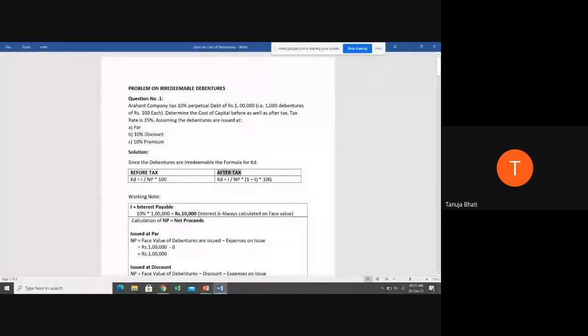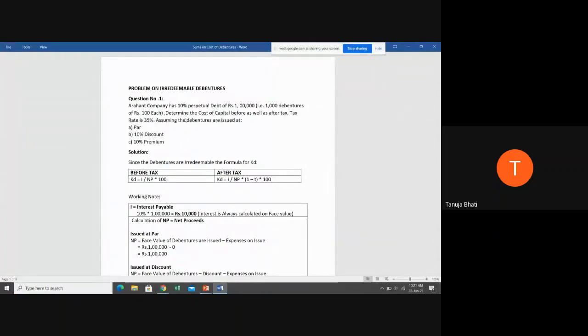So this is clear. Now, first thing we need to calculate is interest. So let us go back to the problem and see where the interest rate is given. Students, always remember, the interest rate will always be prefixed to the word debenture.